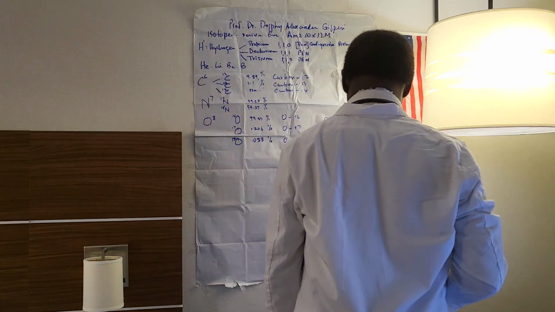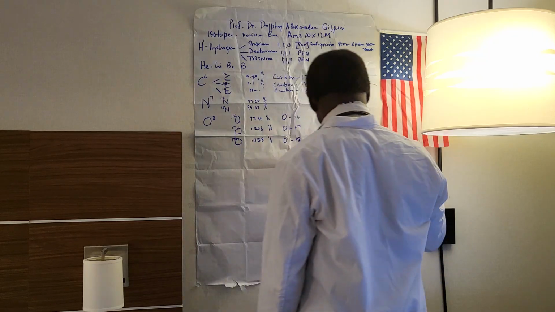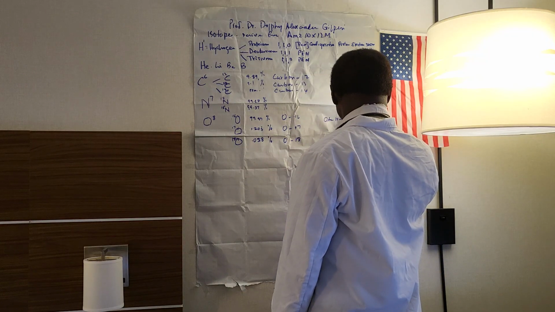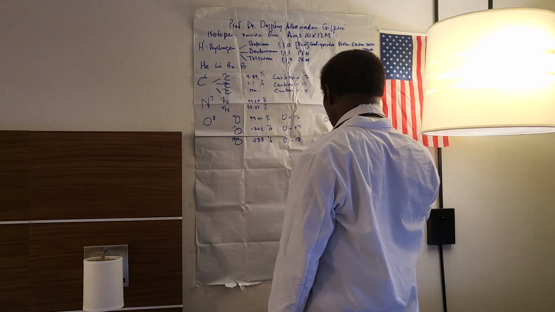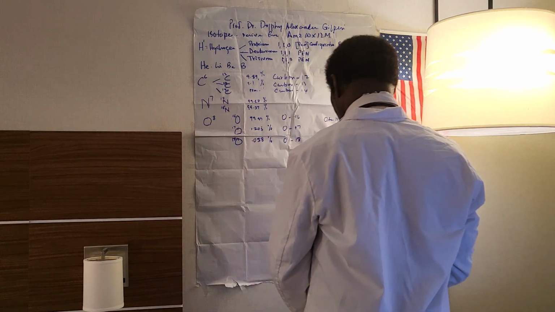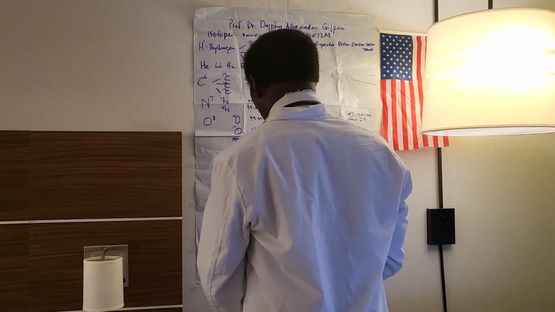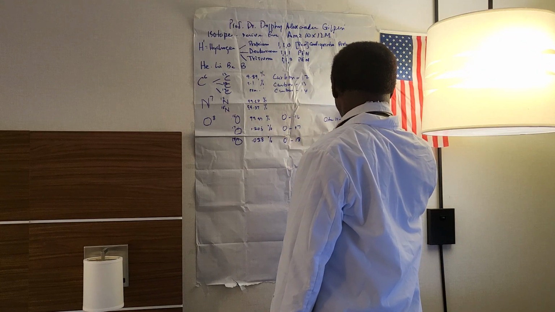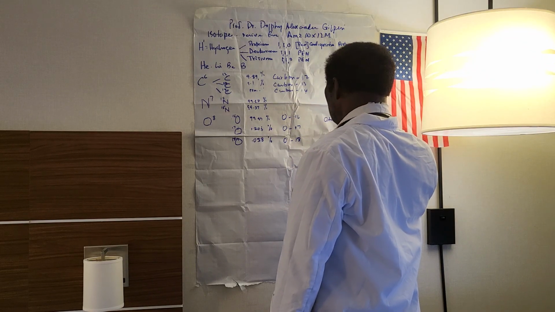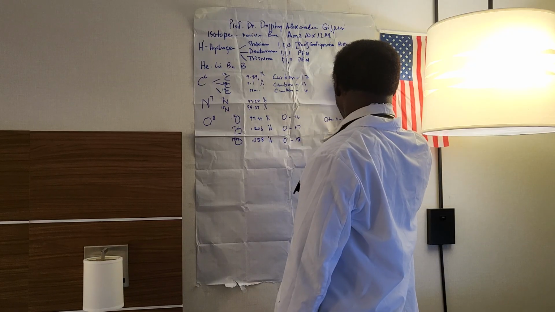That will be subtracting approximately 17 isotopes. And this one has about 16 isotopes. And carbon has about 15 isotopes.